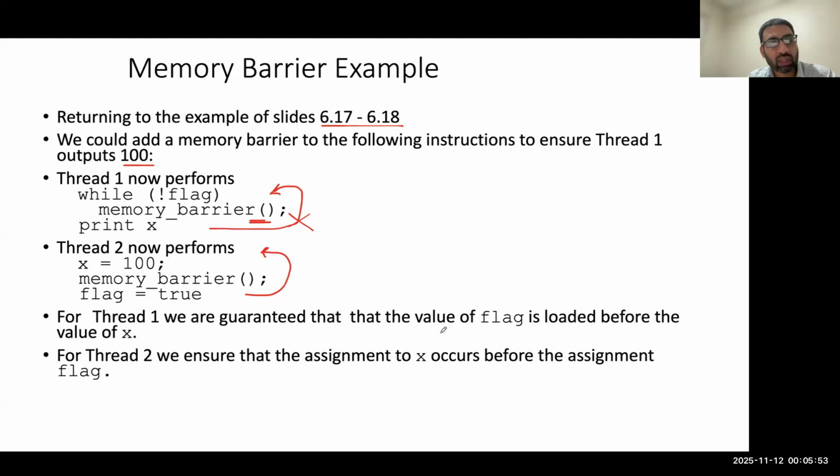So now what will happen? For thread 1, we are guaranteed that the value of the flag is loaded before the value of x. So this will always be executed first, and then this will be executed in the context of thread 1. Similarly, in the context of thread 2, this will always be executed first, and then this will be executed after the first instruction, after the memory barrier. And this will solve the problem, and now we'll see the expected result.